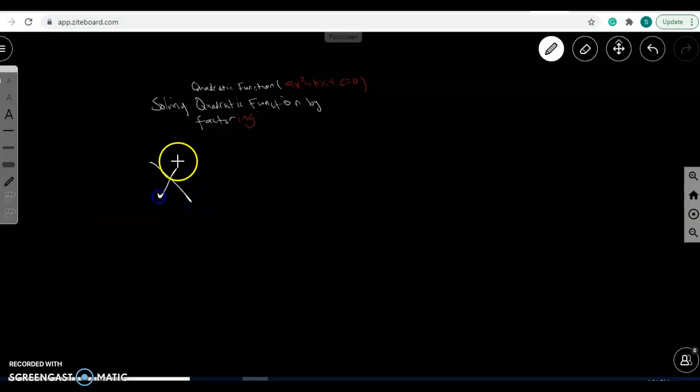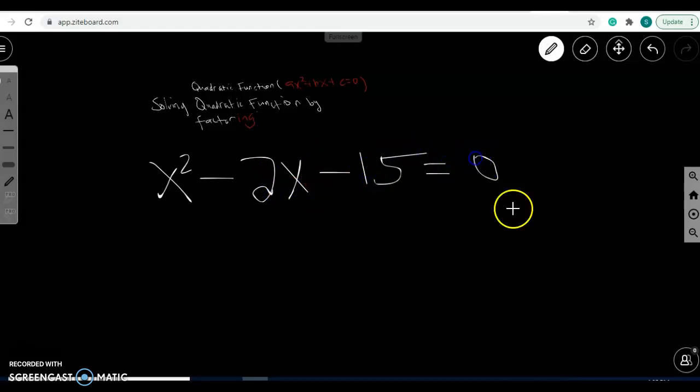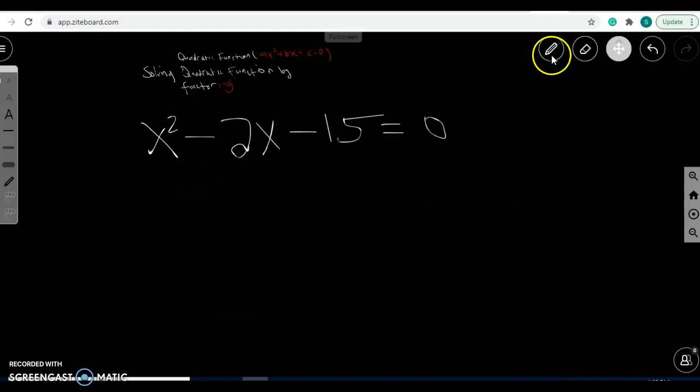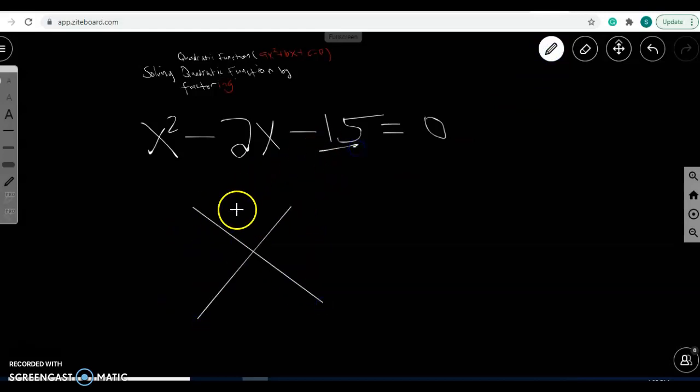So if we have x squared minus 2x minus 15 equals 0, all that we are saying is that if we want to use a crisscross method, we take our c, which happens to be this, negative 15, and we are looking for two numbers, which happen to be the factors, two numbers that you multiply to get 15 or negative 15, and when you add them up, you have to get negative 2.